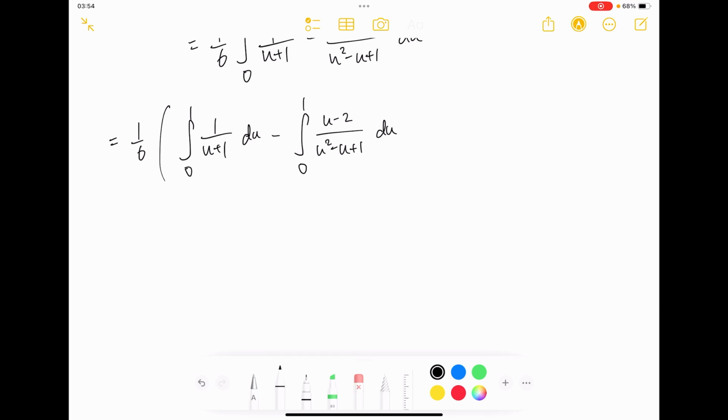If you can't, u sub it, and then this will get you natural log of u plus 1 in absolute values. But it's 0 to 1, so if you put in 0, it's natural log of 1, which is 0. If you put in 1, it's natural log of 2. So this reduces to natural log of 2.